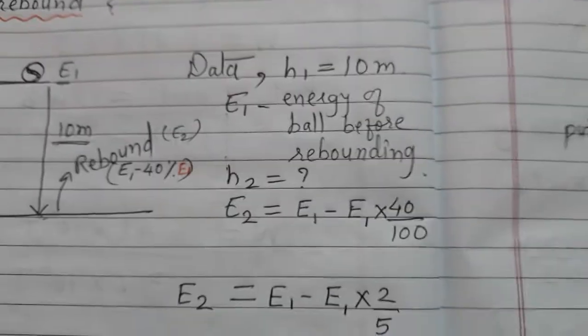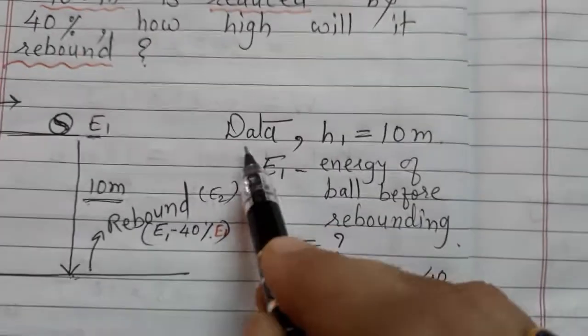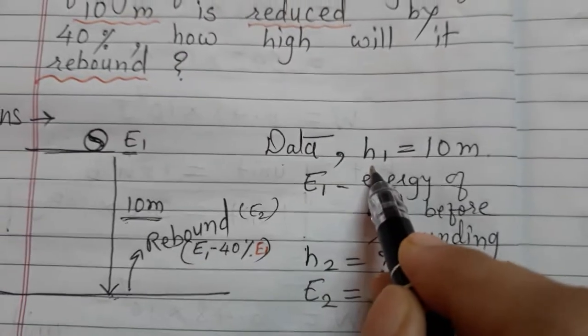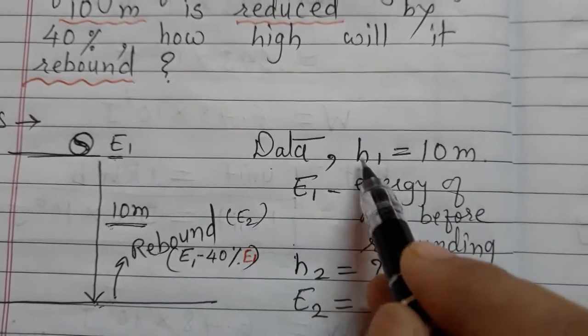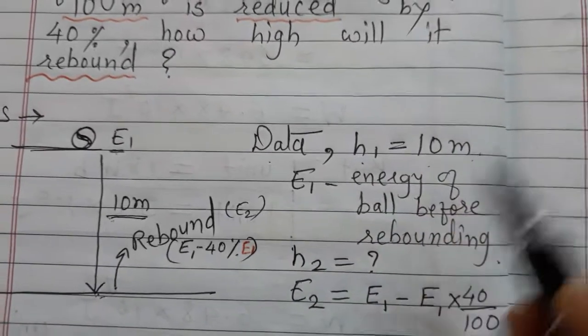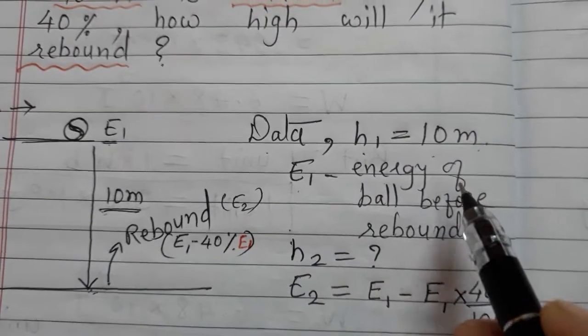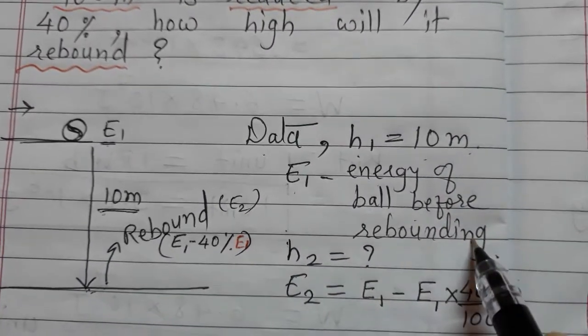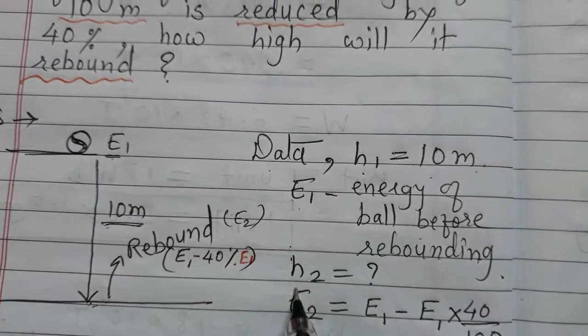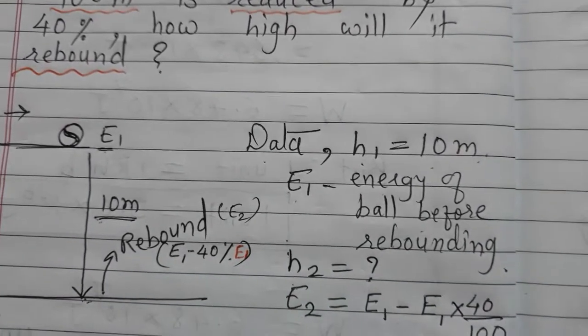So first list the data what is given. Here initial height we will write as H1, that is 10 meter, and E1 is the energy of the ball before rebounding, and H2 we have to find out, how much it will rebound.